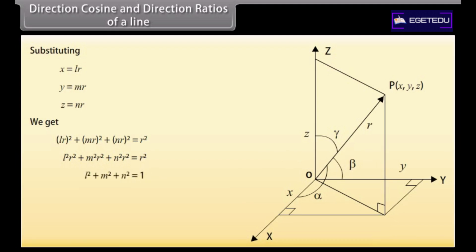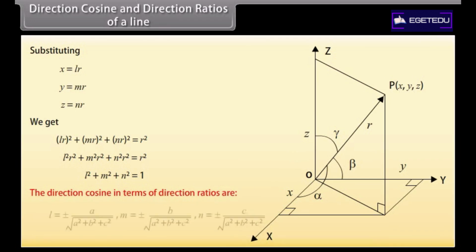L square plus M square plus N square equals 1. The direction cosines in terms of direction ratios are L equals plus minus A upon square root of A square plus B square plus C square. M equals plus minus B upon square root of A square plus B square plus C square. N equals plus minus C upon square root of A square plus B square plus C square.